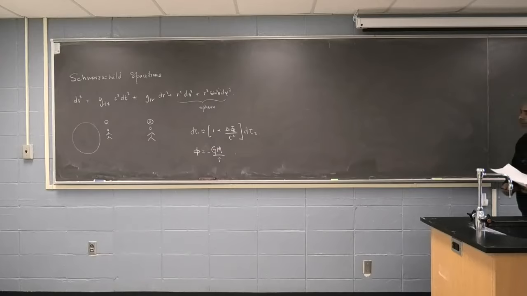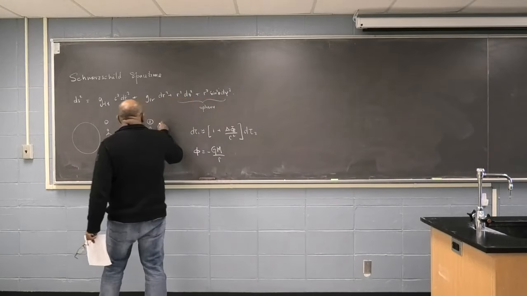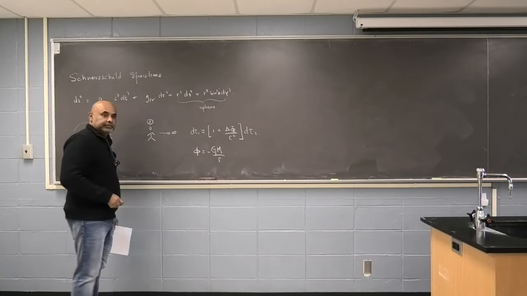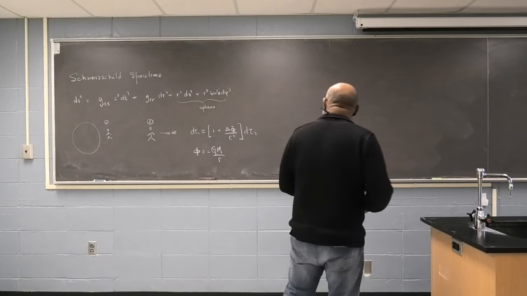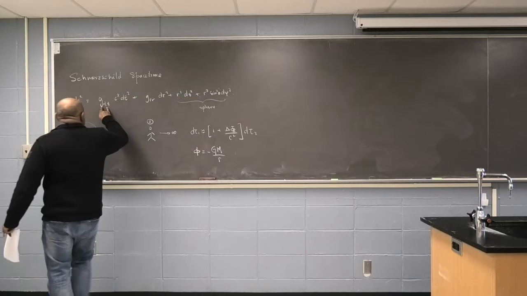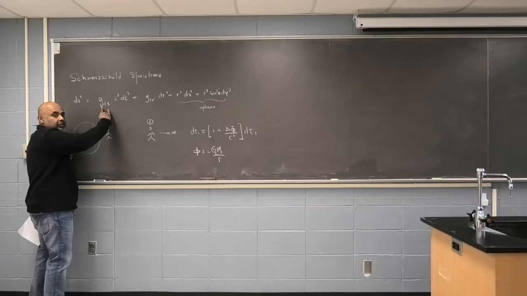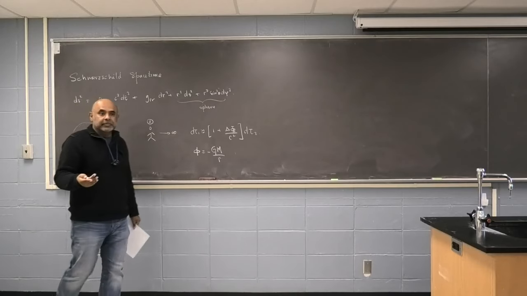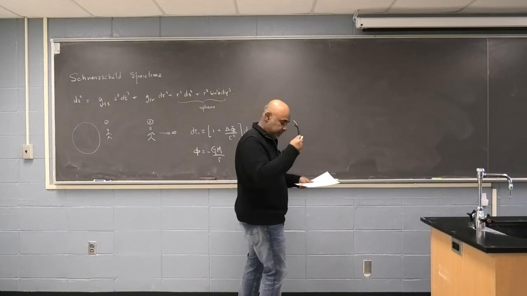So we're going to assume that this observer goes all the way far back to infinity. At infinity, this becomes -1. Far away from a star, it's just vacuum, right? It's just Minkowski.